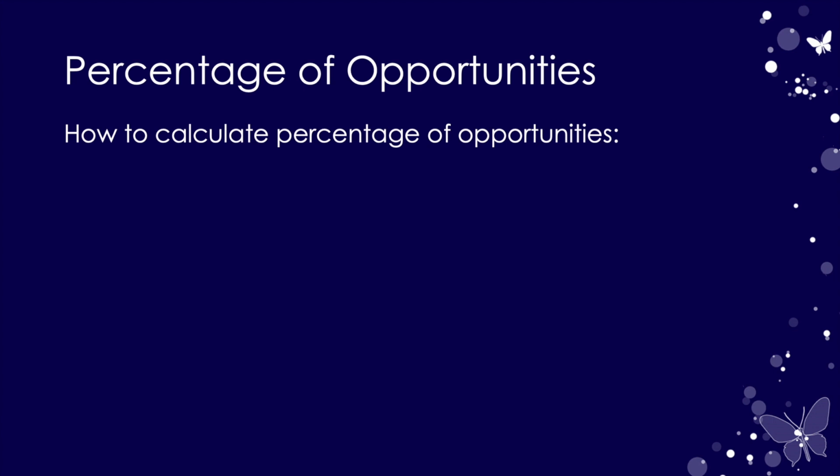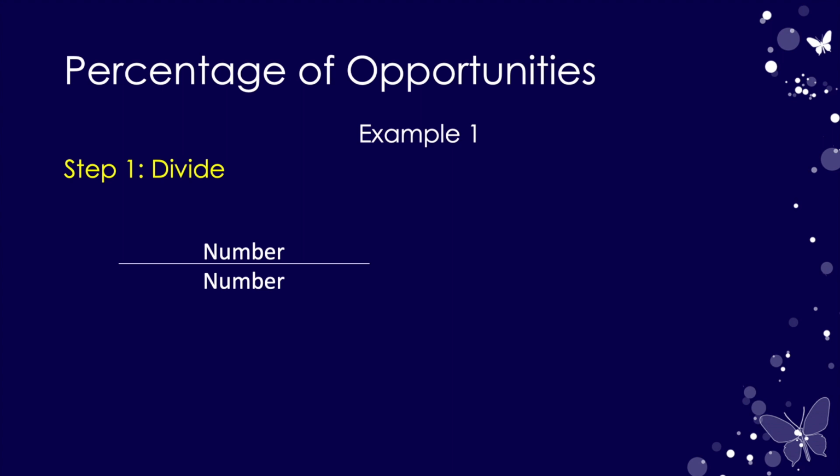In order to calculate percentage of opportunities, you must first divide by numbers of the same quantitative dimension, such as number divided by number, or time divided by time. Here is a quick example for the first step. Let's say we are looking to divide a number by a number.